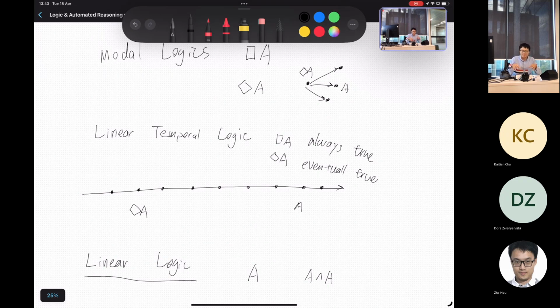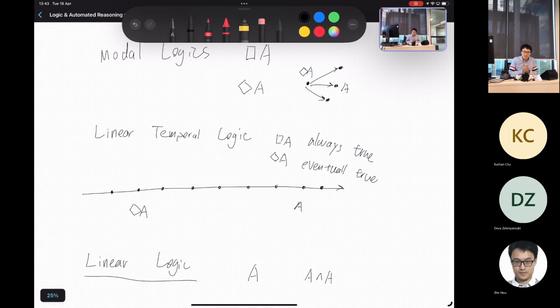A and A, A and A and A and A, is the same as A. So if A is true, then A and A is also true, and A and A and A is also true. But if you want to reason about resources, then it's different. It really depends on how we interpret the formula that we write.